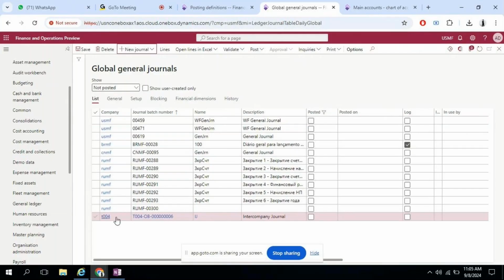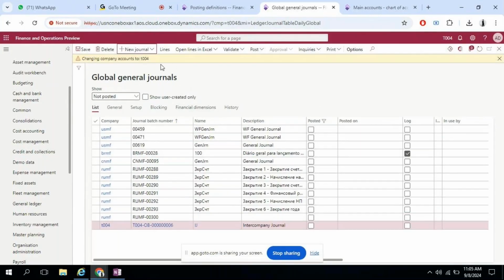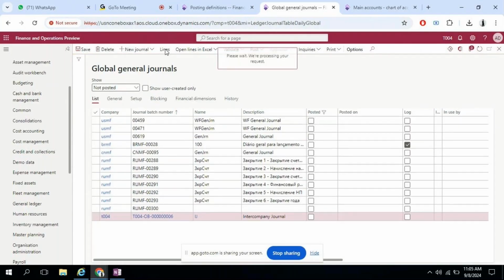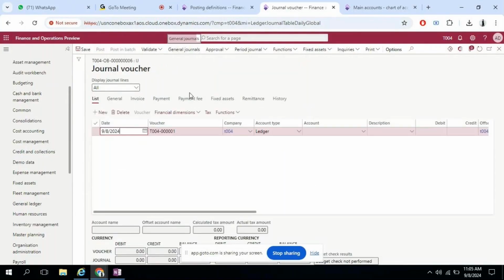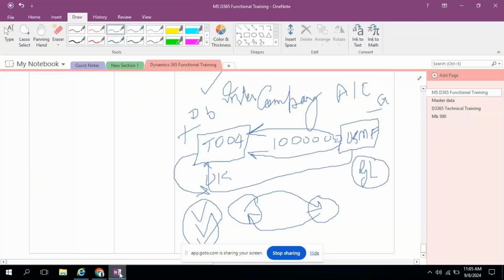Okay, you can see the intercompany journal has a number sequence with 006. Okay, changing company to T004, you will go to the lines button now. Once you go to the line, system will say, okay, the T004 and there is an offset company also. Okay, that means you need to identify, as I told you, T004 is going to be debit.